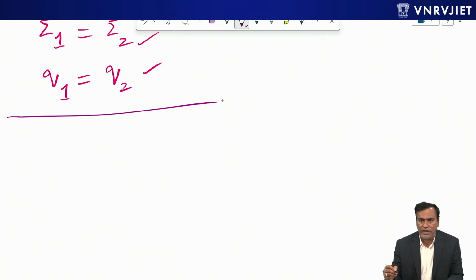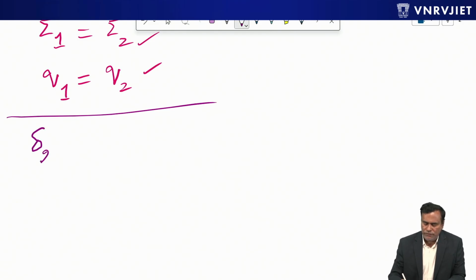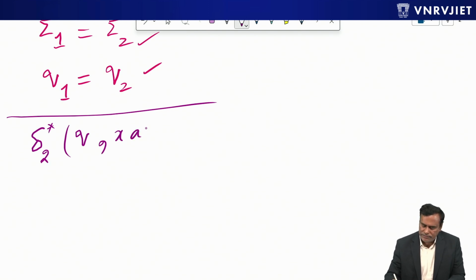In the NFA, you are going to find the union. So, delta 2 star of some state Q, XA is equal to what?